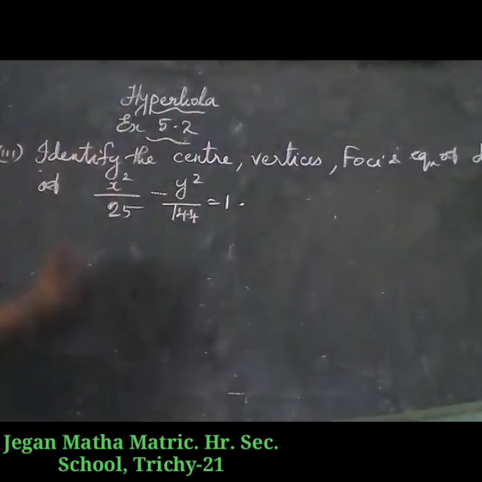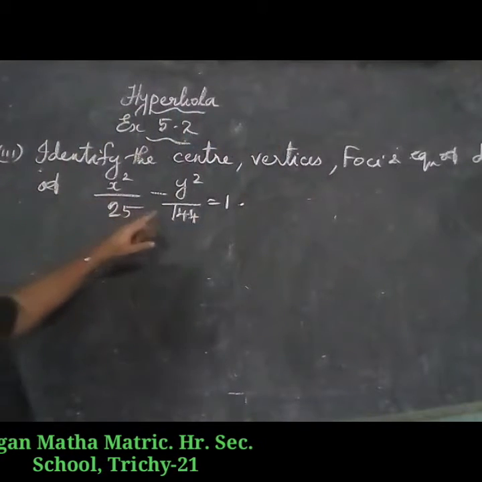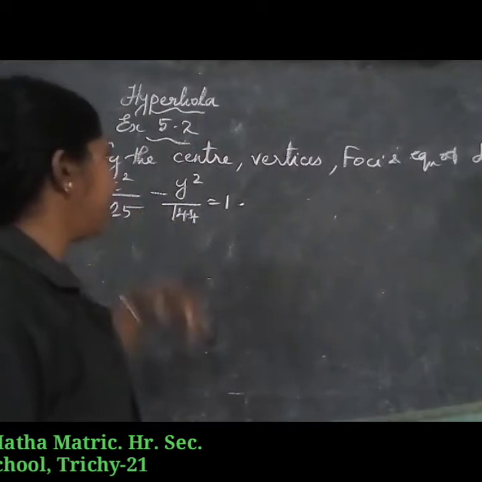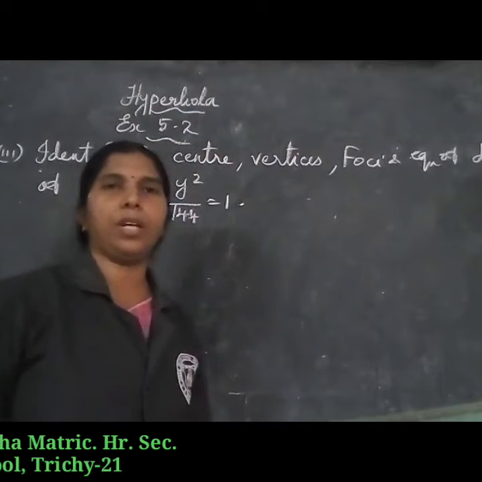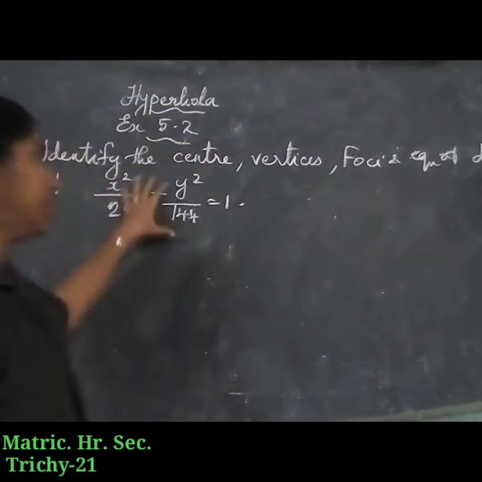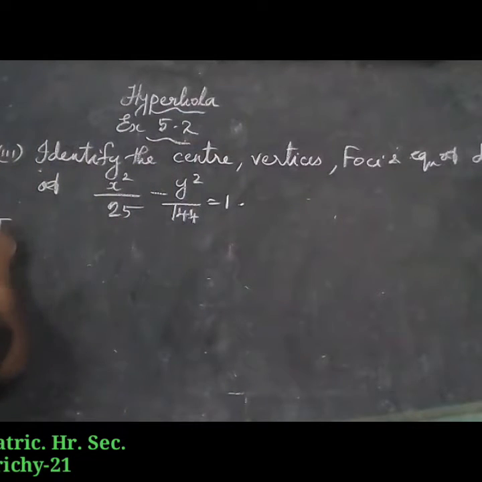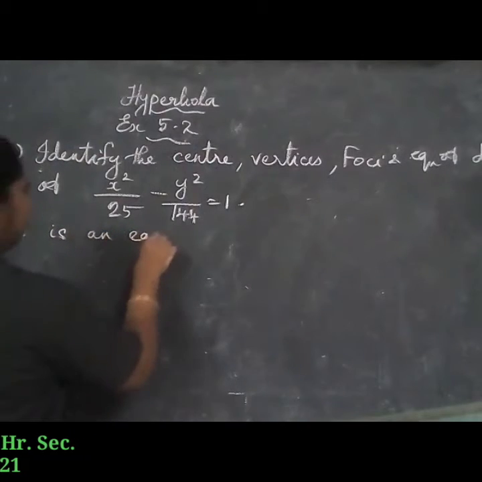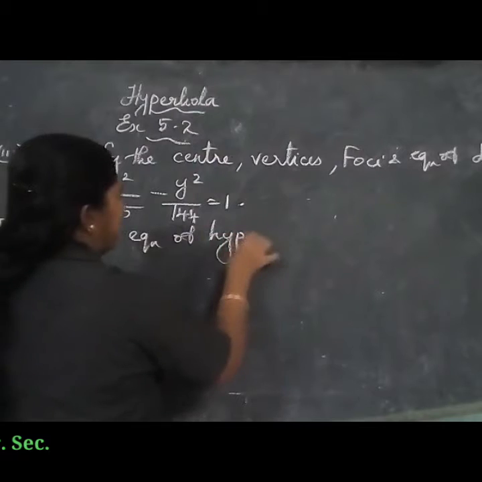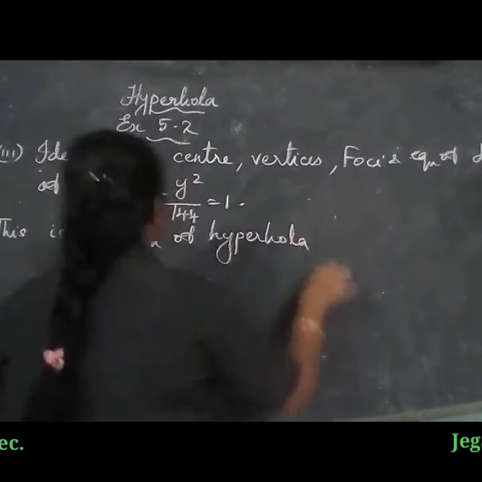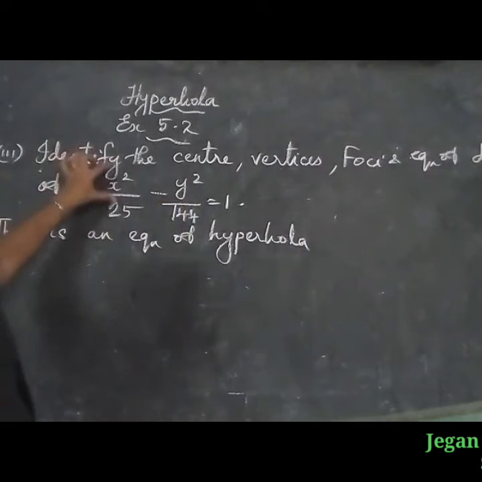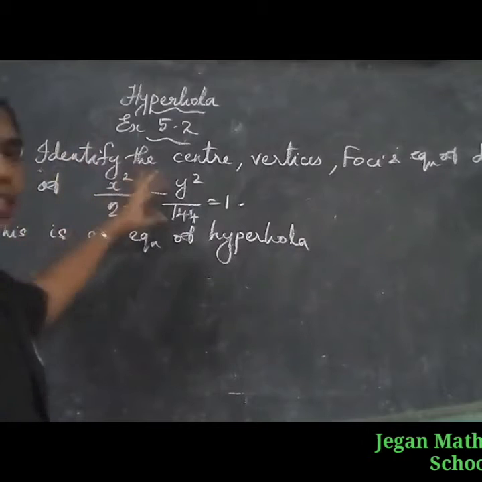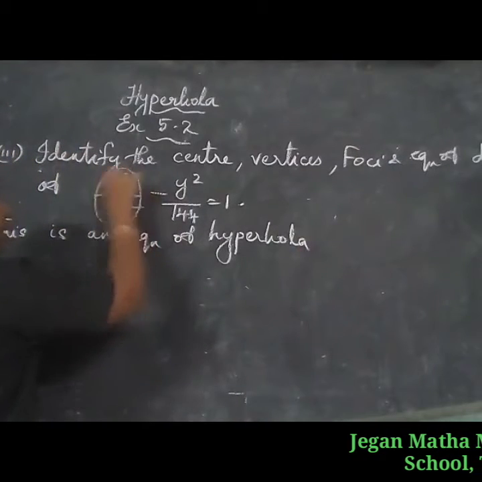Now let us find the center, foci, vertices and equation of directrix of the given equation. The given equation is x square by 25 minus y square by 144 equal to 1. By seeing the question itself, we can identify this is an equation of a hyperbola. Always we have to consider the first term, x square by 25, whether it is minus or plus, as the transverse axis.